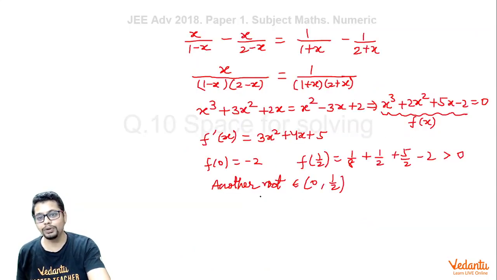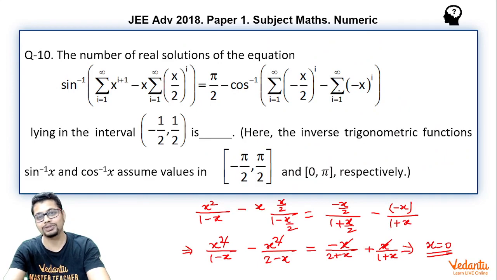So when you take the value of x to be between 0 open to half open, the value of this right hand side is clearly less than 1 and greater than 0. Now you may say, sir, but this is a modified expression. So we should be checking with the actual original expression, which is when you don't cancel x on both sides. Here we have cancelled x on both sides.